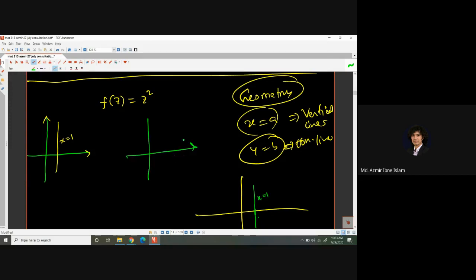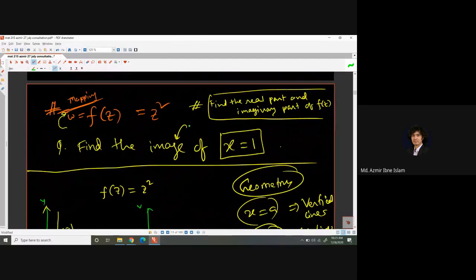That is the intuition of that question. So it is the z plane and it is the w plane. We want to know what will be the output here. In the w plane, we use u and v. So the first question is to find the real part and imaginary part of f of z.